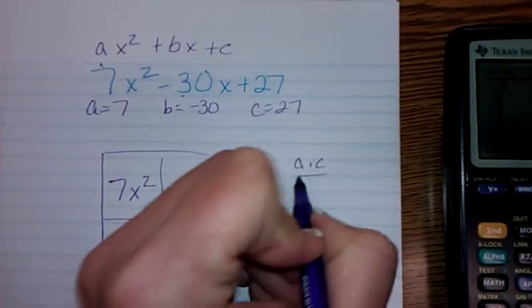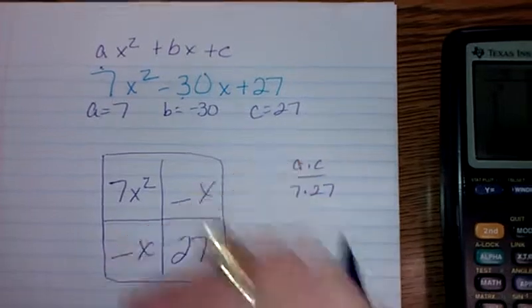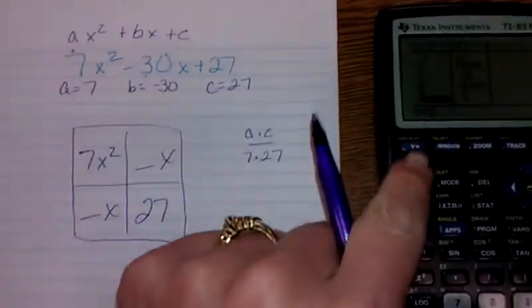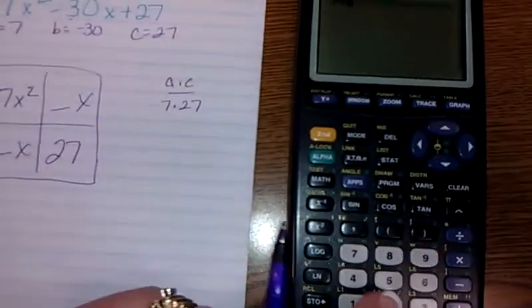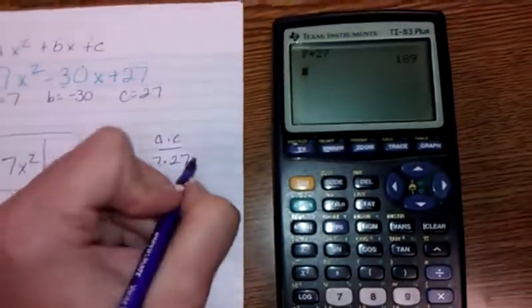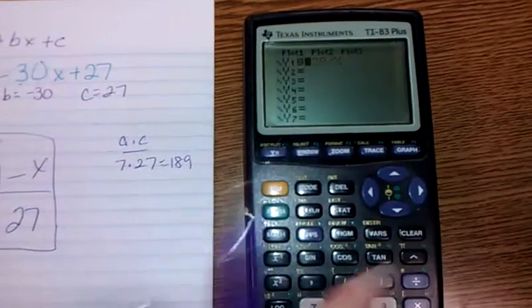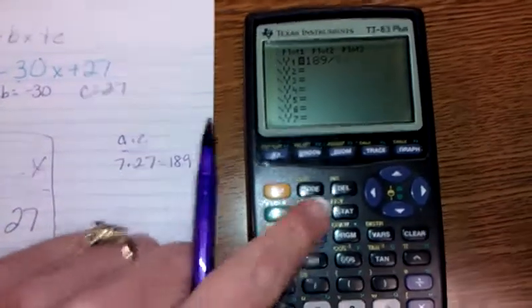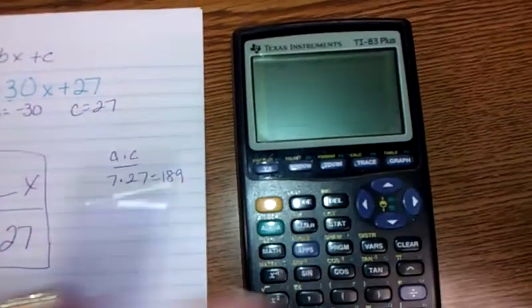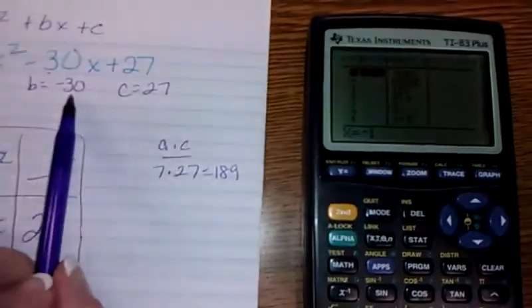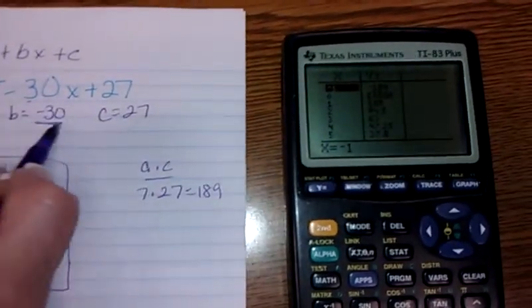A times C, 7 times 27. Oh man, okay, well let's go over here and see. 7 times 27 equals 189. So I'll put 189 divided by x, second graph. Now I'm looking for the factors that add up together to give me negative 30.